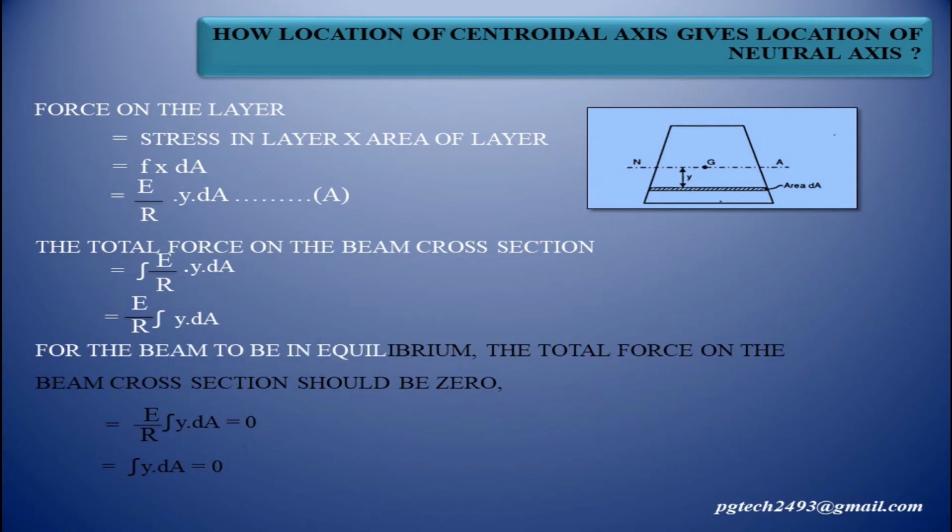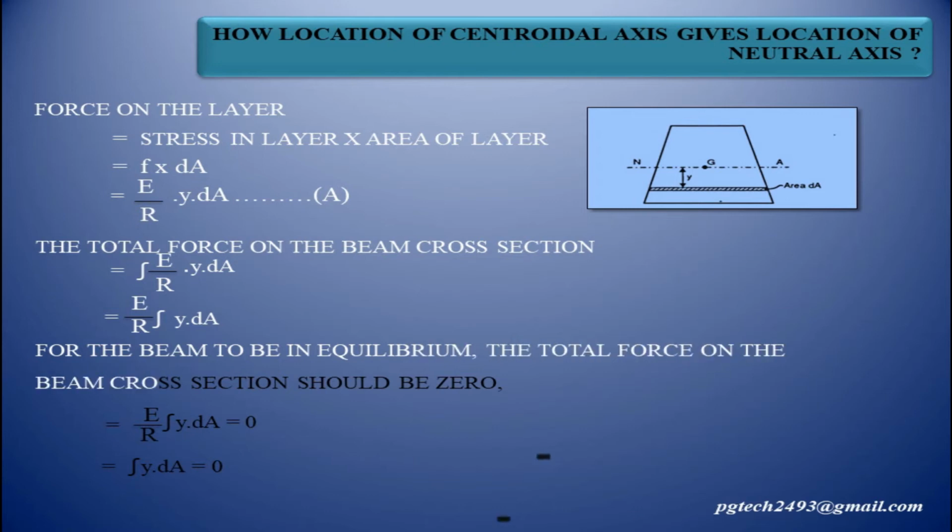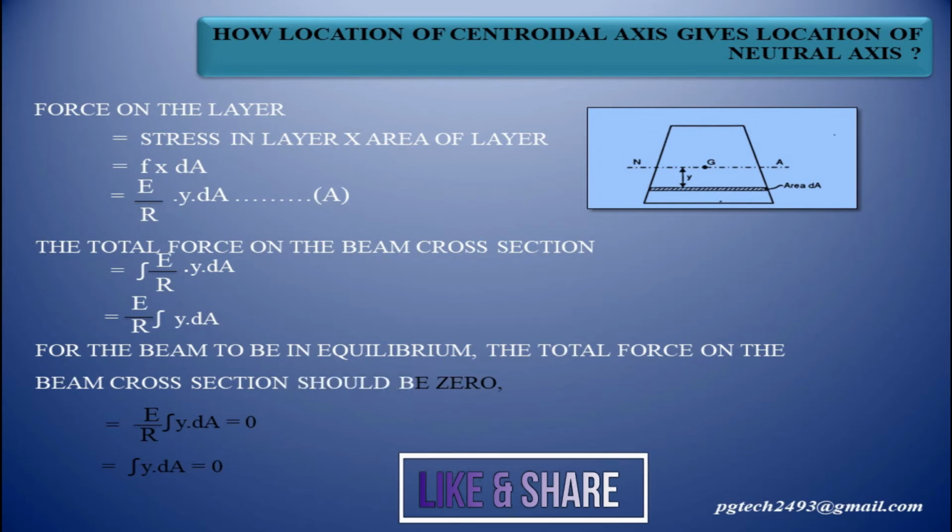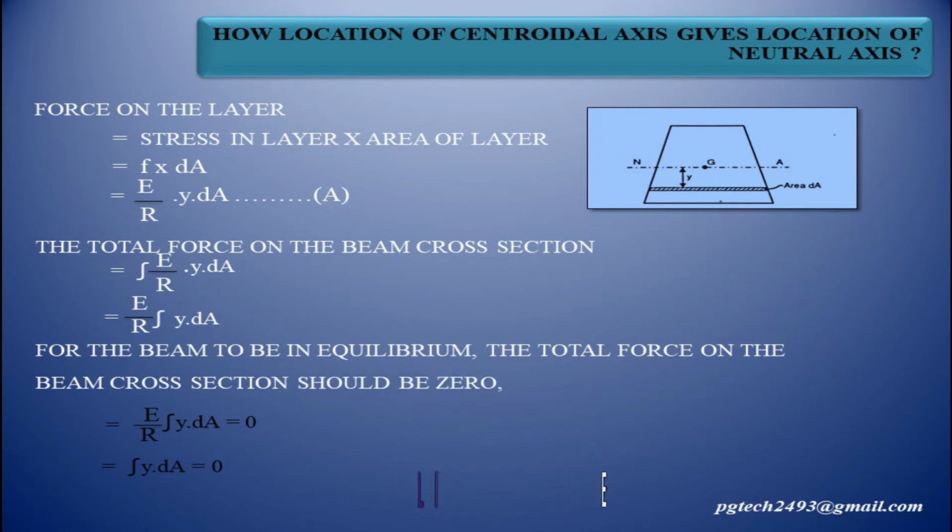For the beam to be in equilibrium, the total force on the beam cross section should be 0. So E by R integration of y dA is equal to 0. E and R are constant, so they cancel out and we get integration of y dA is equal to 0.